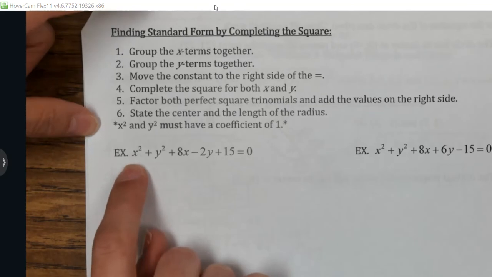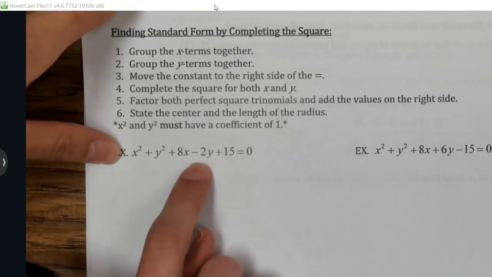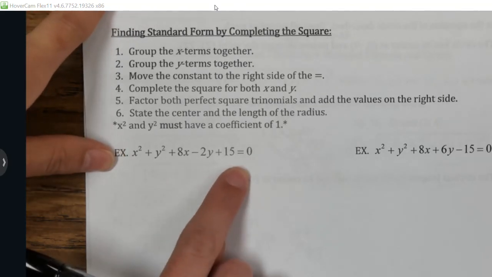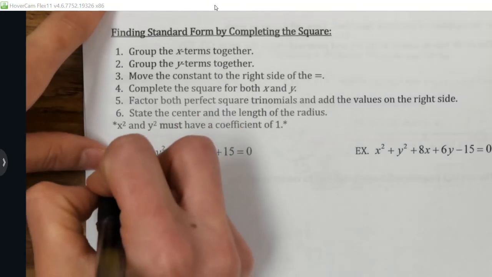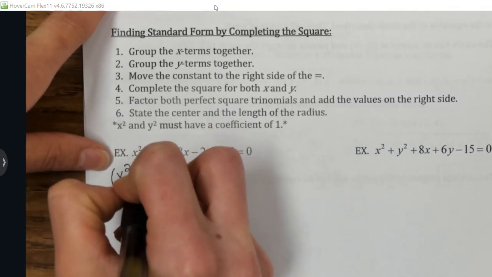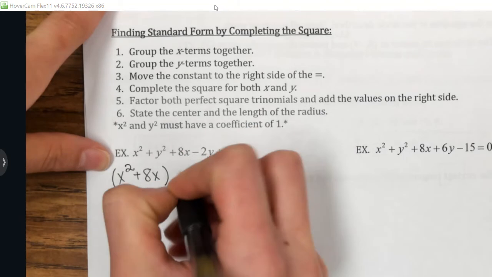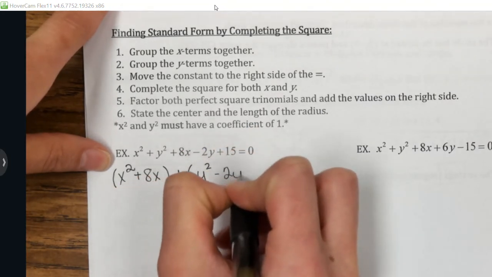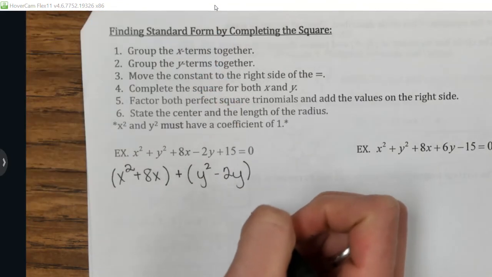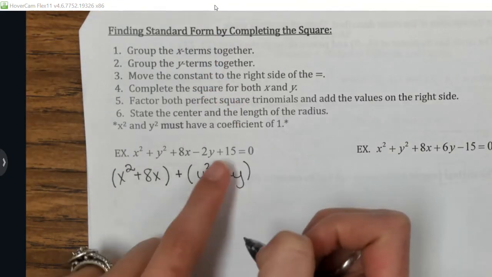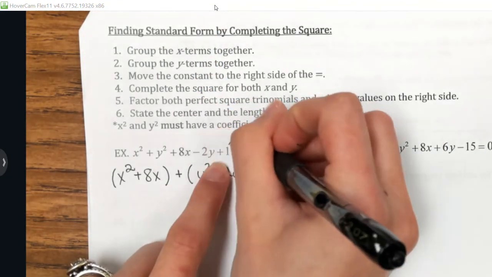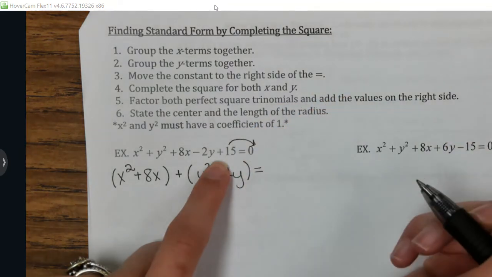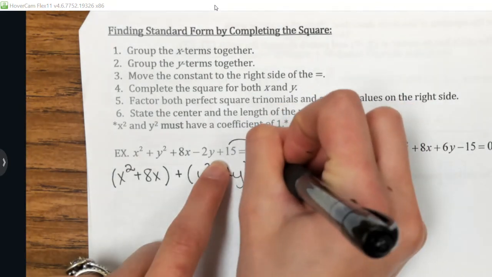If I have x squared plus y squared plus 8x minus 2y plus 15 equals 0, I'm going to take x squared plus 8x and group that, plus y squared minus 2y. Now remember, I want it equal to a constant. So in the same step, I'm going to move this 15 to the right, so it's going to equal negative 15.